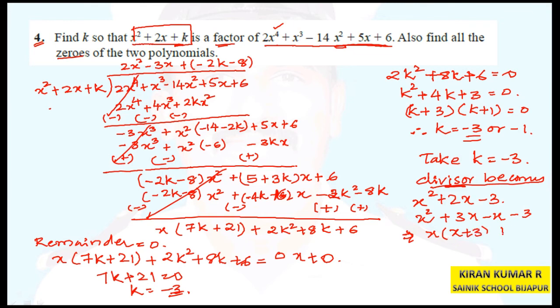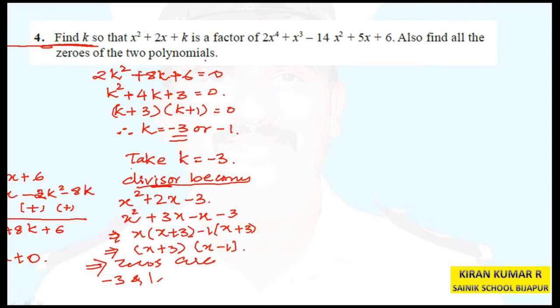So if you take x as common, we will be getting x plus 3. If minus 1 is common, we get again x plus 3. So we got x plus 3 times of x minus 1. For finding zeros, we have to equate it to 0. Therefore, the zeros are minus 3 and positive 1. Now let us take quotient.